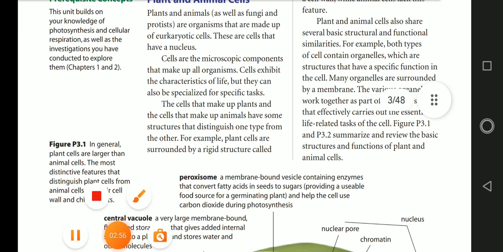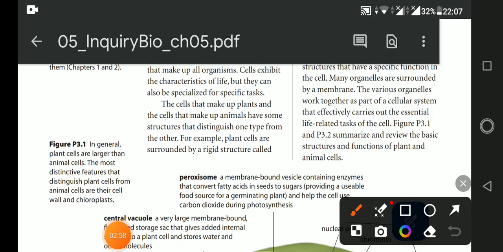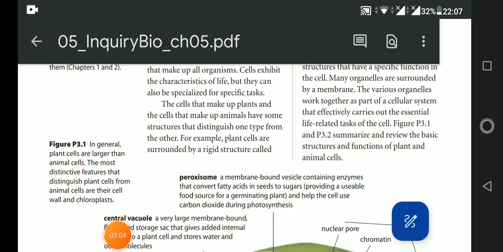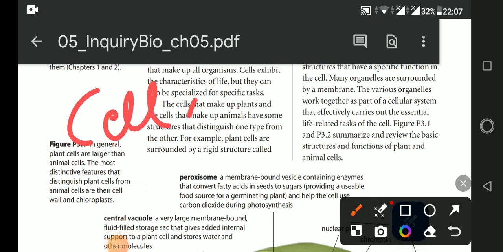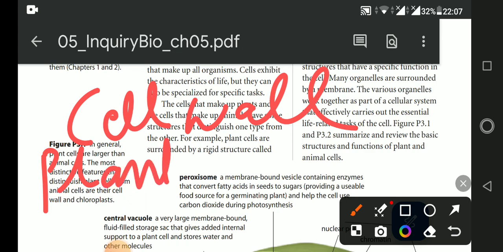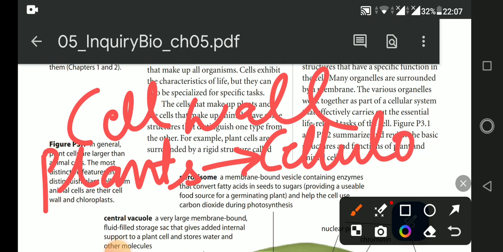Now, if we compare plant cell with the animal cell, the very basic difference between them is in the nature of cell wall. In case of plants, the cell wall is made up of cellulose. But in case of animal cells, the cell wall is absent.